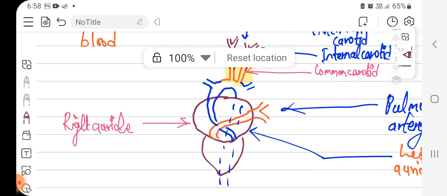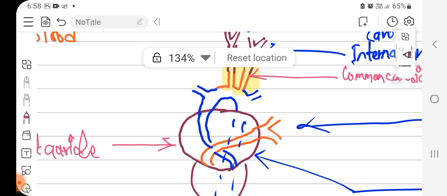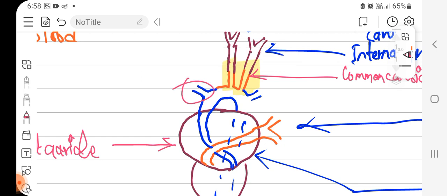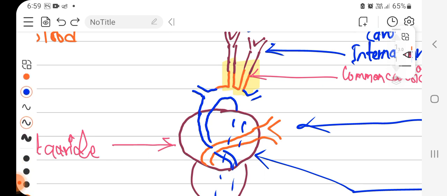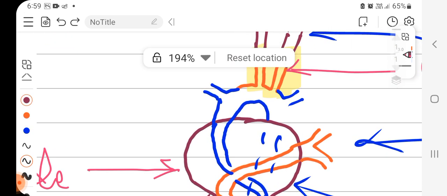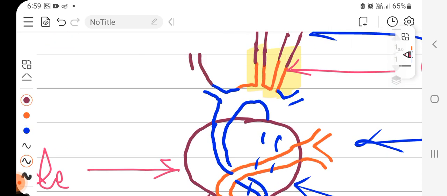Let's see here, in this part we have the next systemic artery part, and this will move like this. See it clearly. It will go one upper side and one downside.